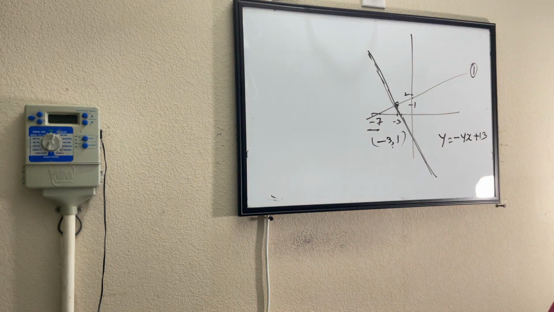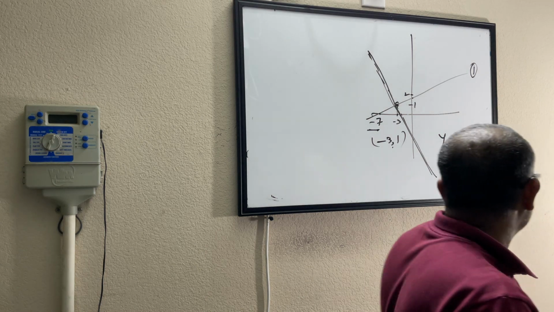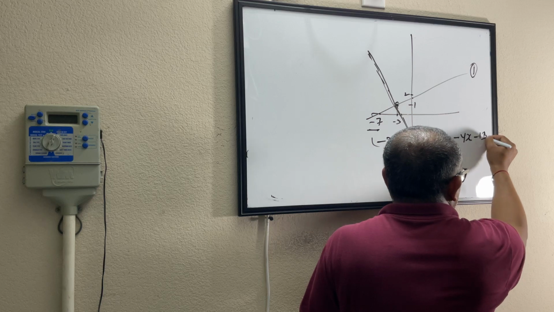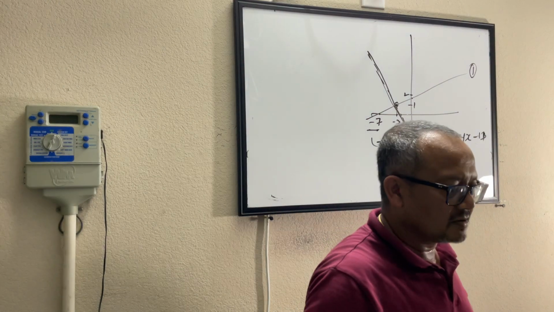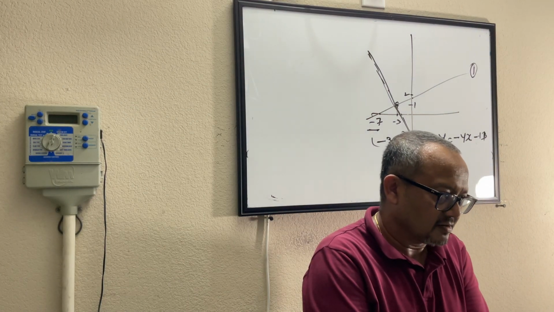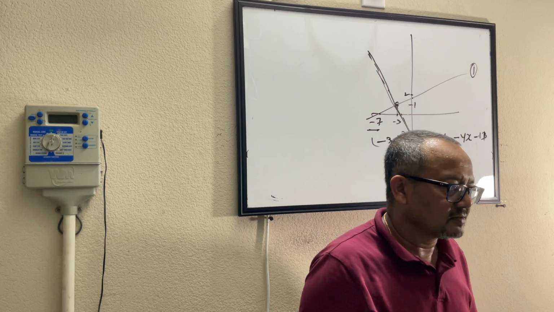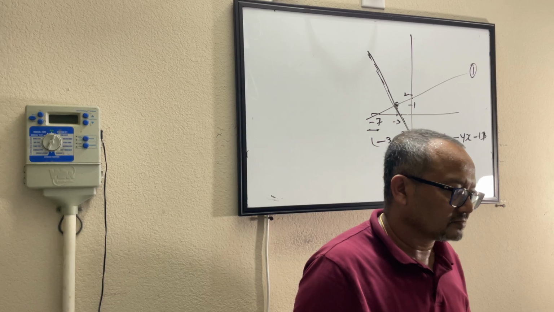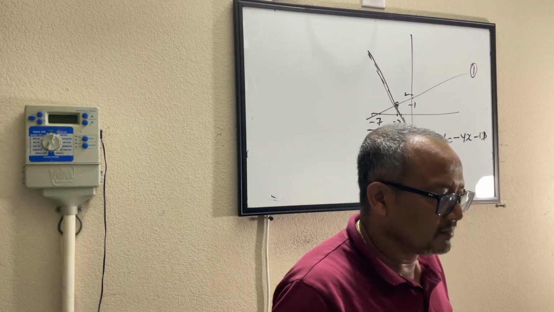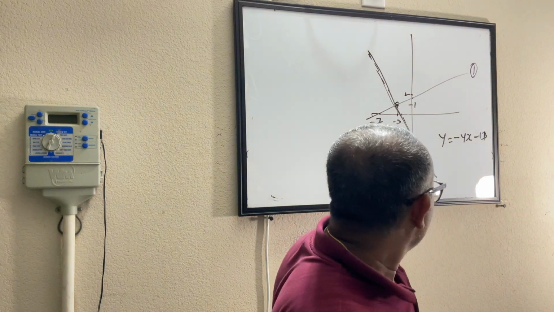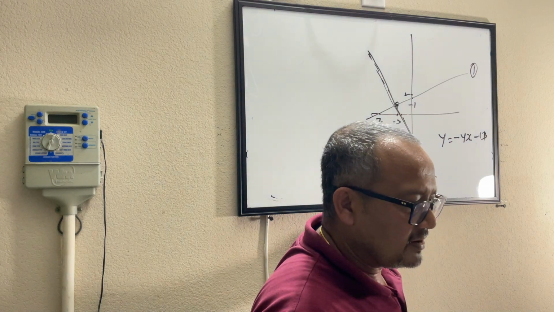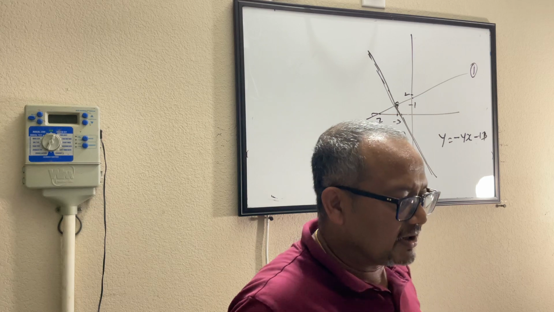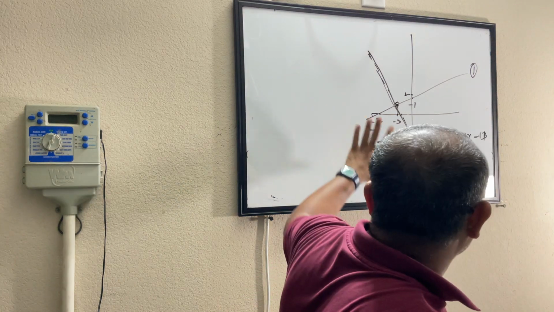I'm sorry? It's not plus 13, it's minus 11. Yeah, because when you do negative 4 times negative 3, you get 12. So 1 equals 12 plus b. b has to be minus 11. So y equals negative 4x minus 11. Okay, yeah, that's convincing.